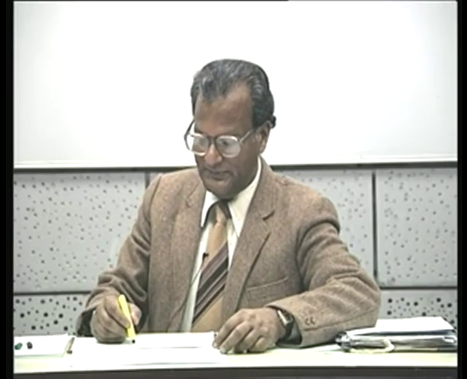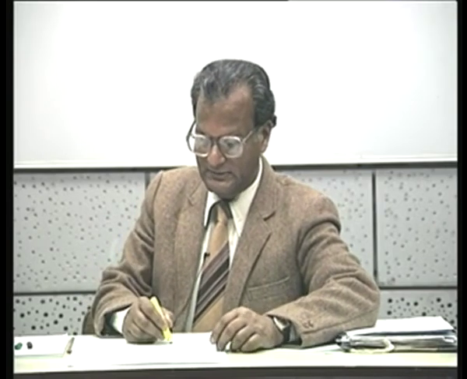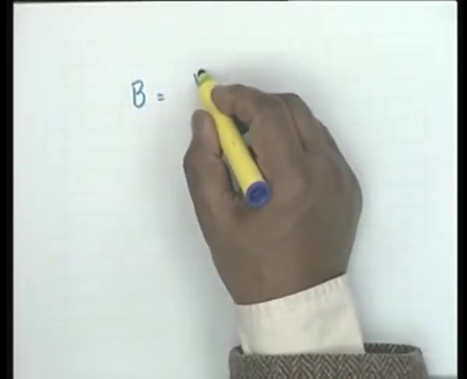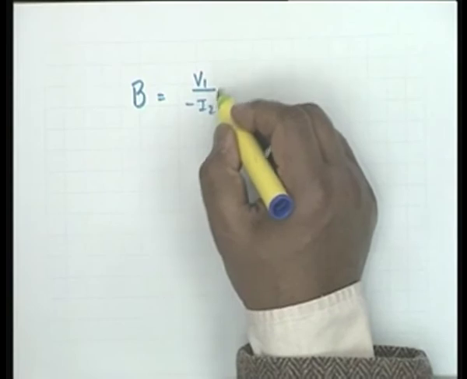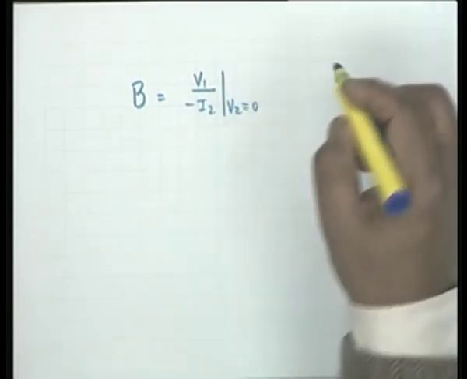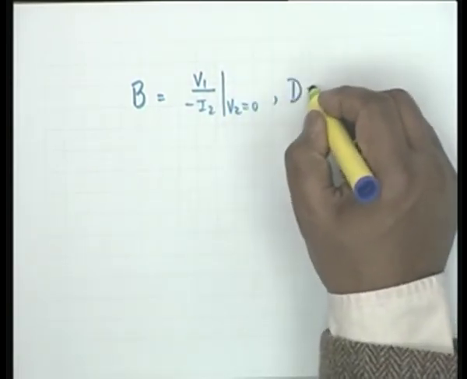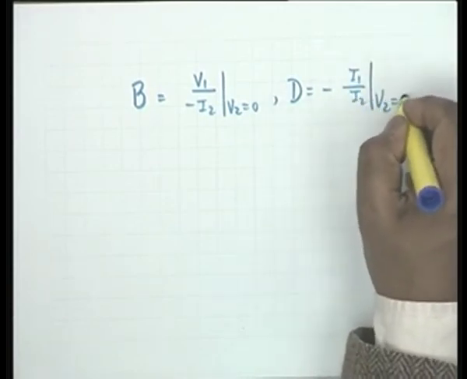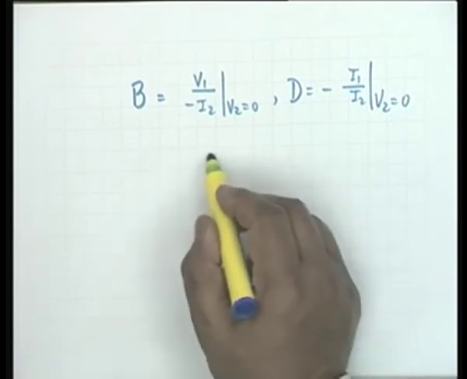For example, the parameter B, as I have said, is V1 divided by minus I2 under the condition V2 equal to 0, and the parameter D is minus I1 by I2 under the condition V2 equal to 0. So, let us take this network.